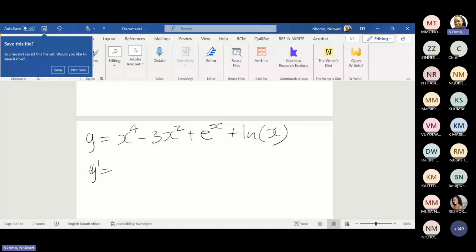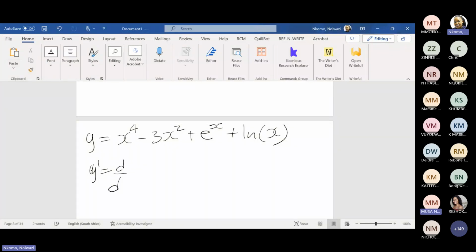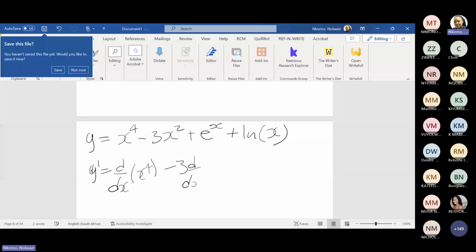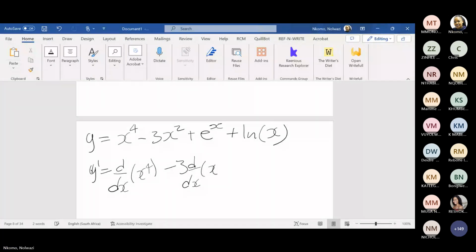First, we separate everything: d over dx of x to the power 4, d over dx of x squared, plus d over dx of e to the power x, plus d over dx of ln x, right?